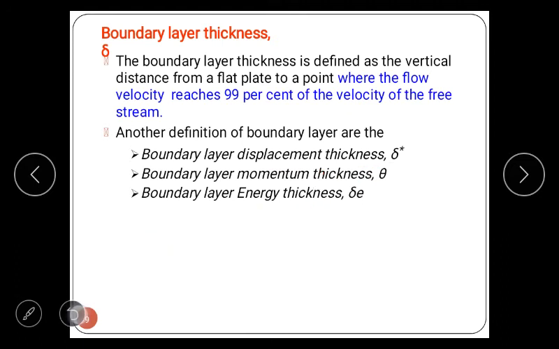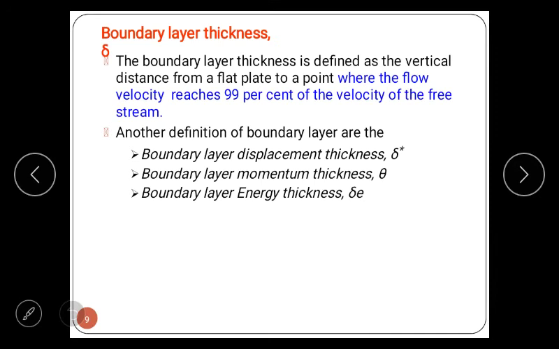Now there are some more definitions regarding these boundary layer concepts. First is boundary layer displacement thickness, denoted by delta star, star at the top of this delta.